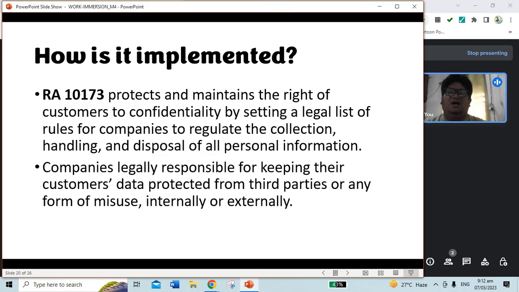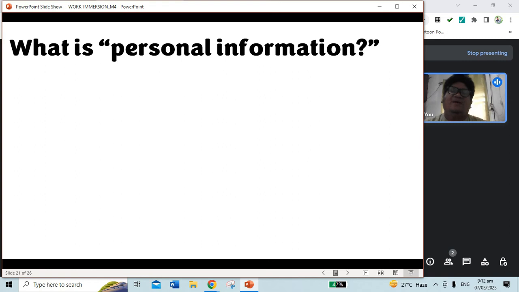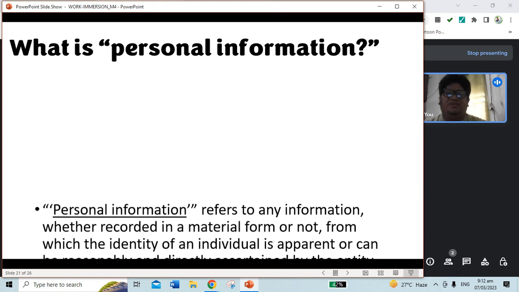Companies are legally responsible for keeping their customers' data protected from third parties or any form of misuse internally or externally. Take note of that. So what is personal information?